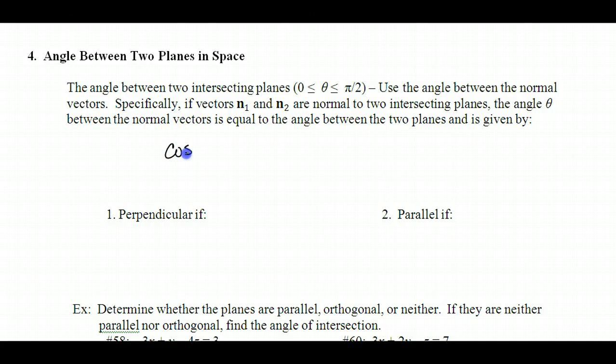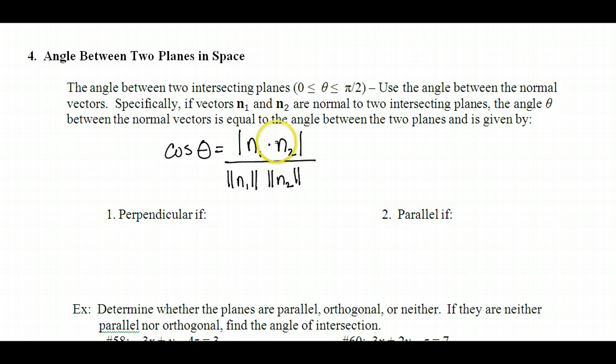We have cosine of theta is equal to the absolute value of n sub 1 dot n sub 2, divided by the magnitude of n sub 1 times the magnitude of n sub 2.